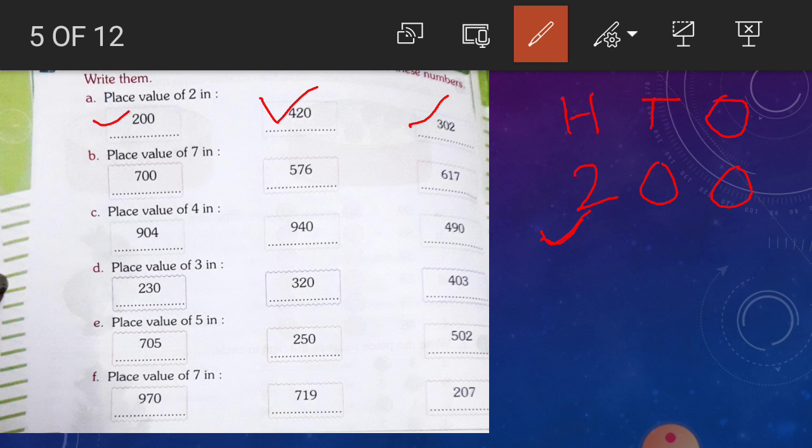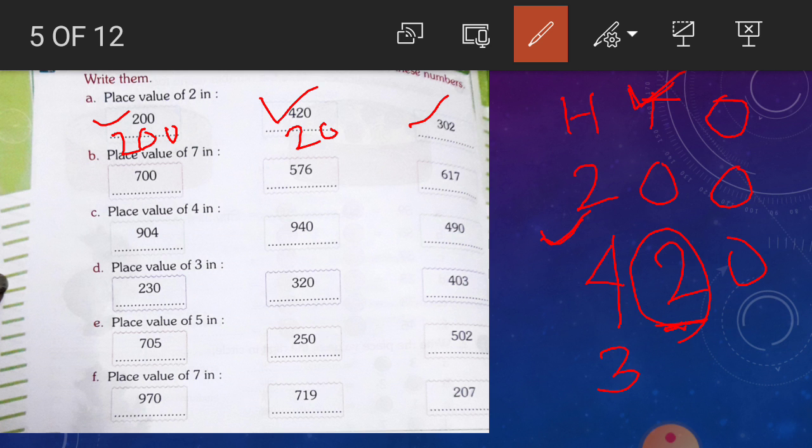So the place value of 2 here is 200. Write 200 here. Next, the number is 420. Again look at 2. In this number 2 is at tens place. So the place value of 2 is 2 tens, 20.